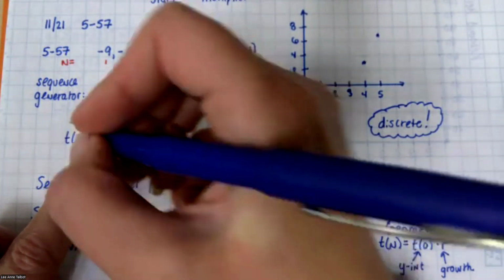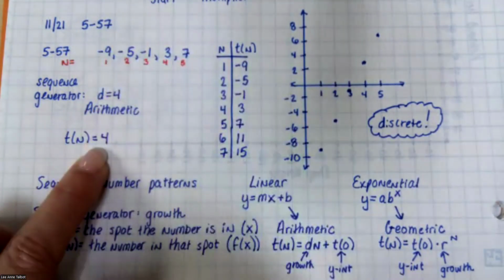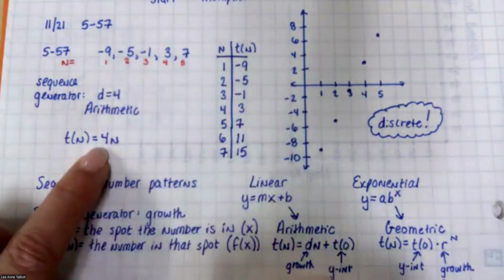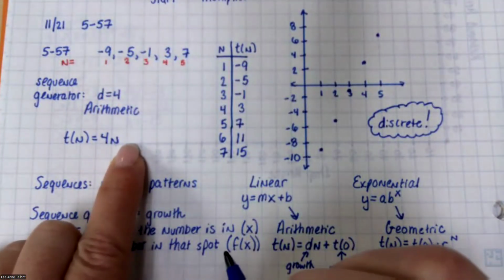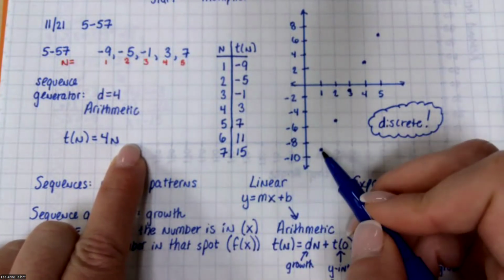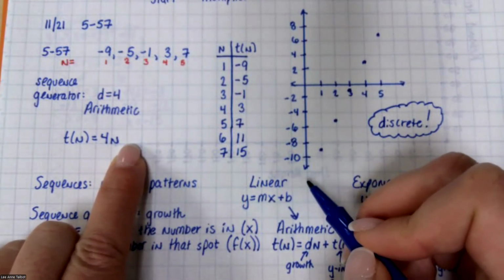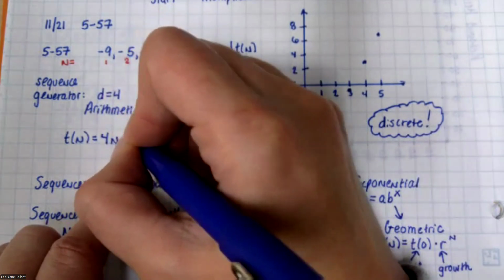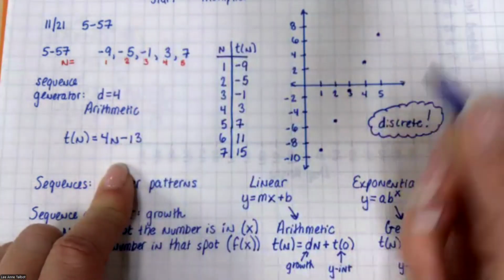The slope is 4, which is the common difference. N is x. Okay, here's a question. If I follow this graph back down, what would b be? Negative 13. So my equation has negative 13.